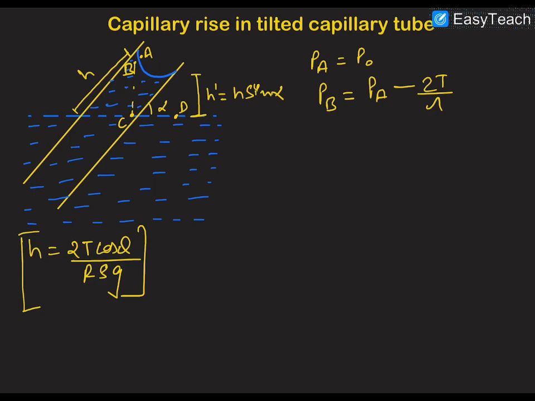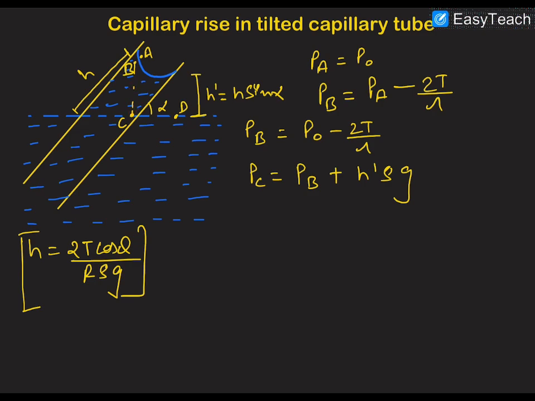Now, PB can be written as P naught minus 2T by r, and PC will be equal to PB plus this height h dash rho g. Obviously, this pressure depends on this vertical height.